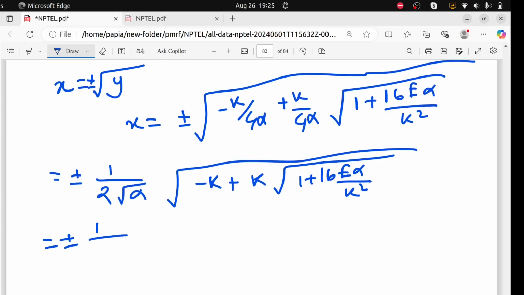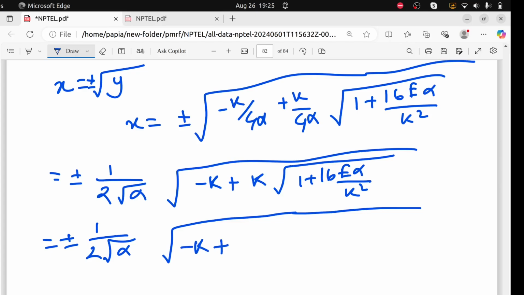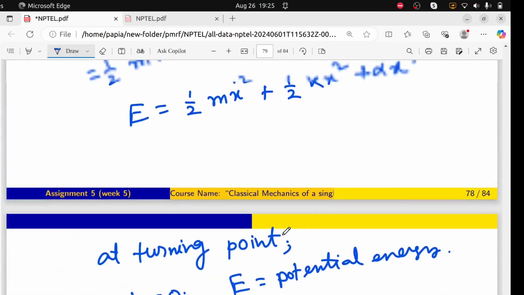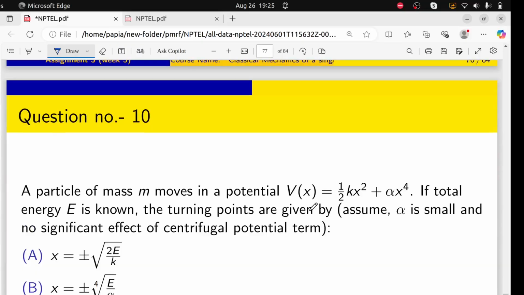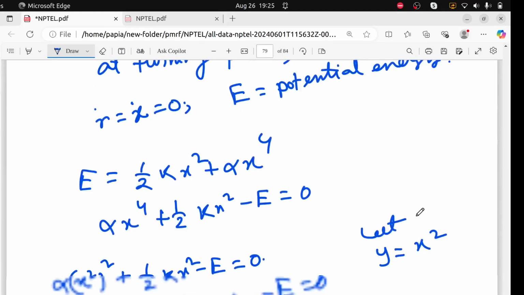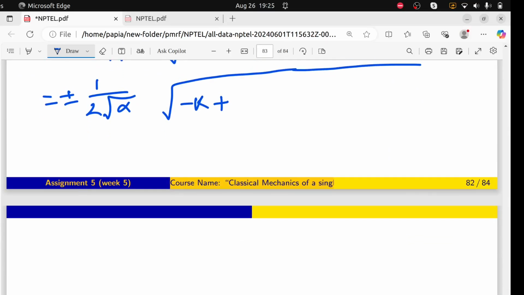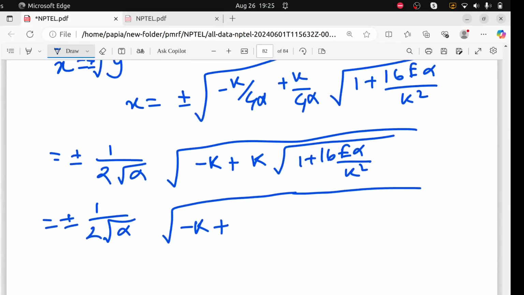So I can write it minus k plus, as here it is mentioned somewhere that alpha is small quantity, alpha is small, so alpha is small means I can write it like k into 1 plus 16 e alpha by k square whole to the power half.